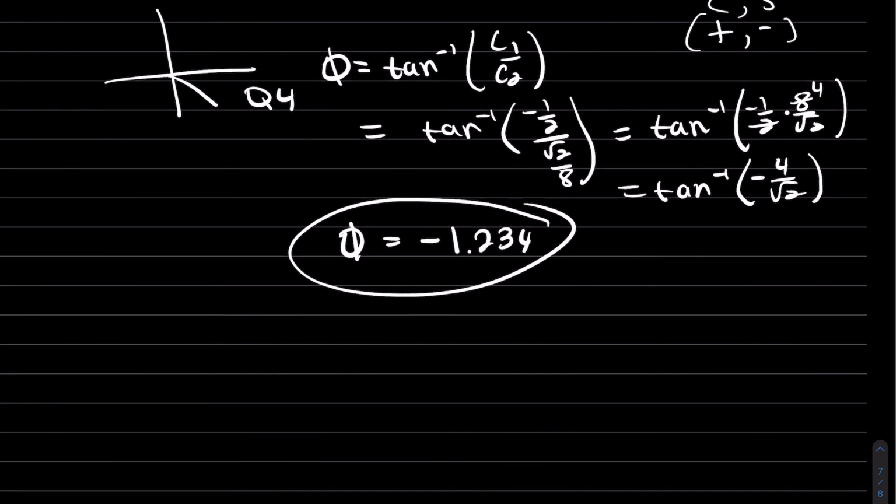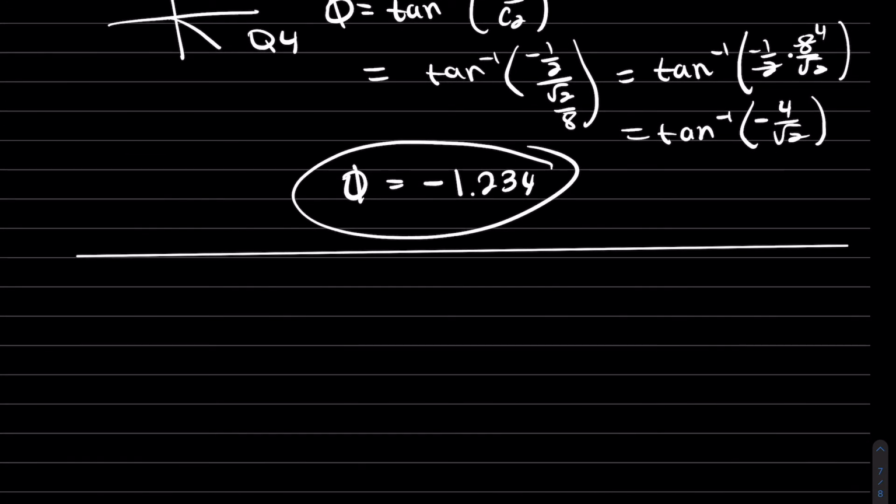Now, just a few more definitions before I sign off here. T, which is a period, is going to be T equals 2 pi divided by omega.